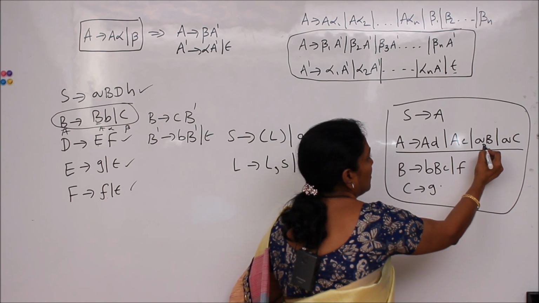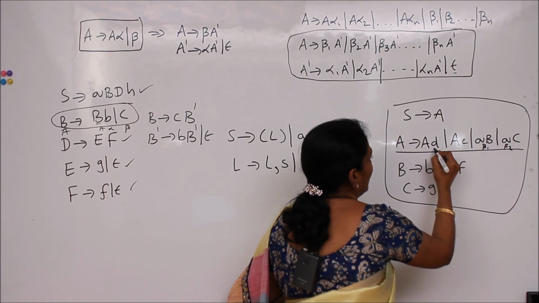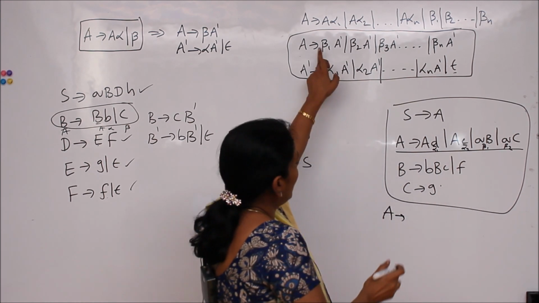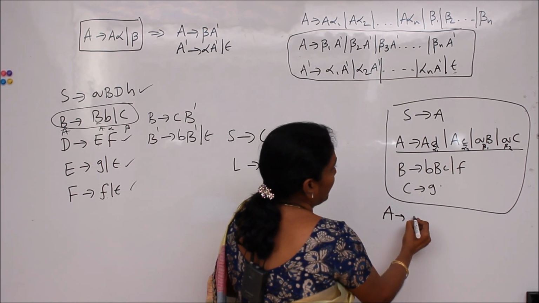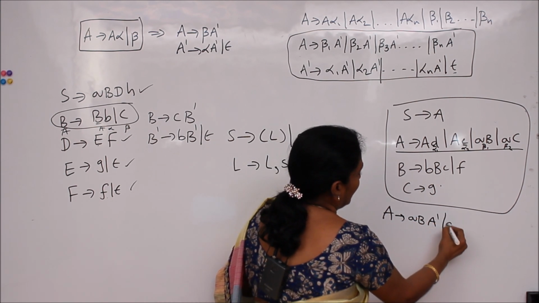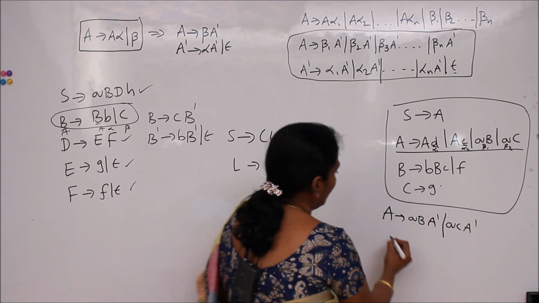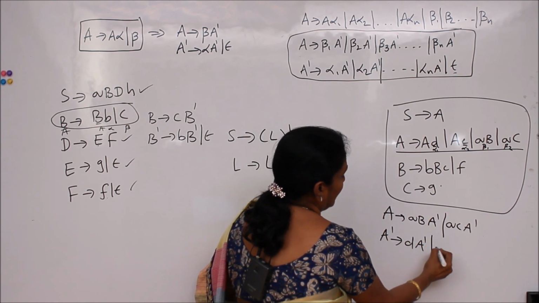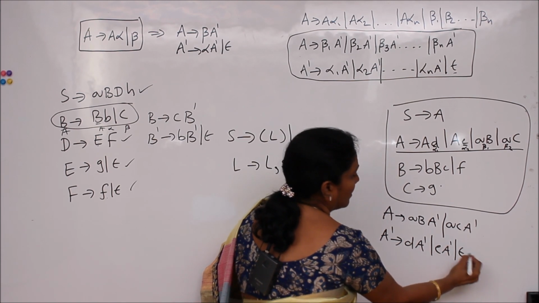So here this is your beta 1, this is your beta 2, this is your alpha 1 and this is your alpha 2. So the rule is what? Beta 1 A dash, that means A B A dash, A C A dash, where A dash is D A dash, E A dash or epsilon.